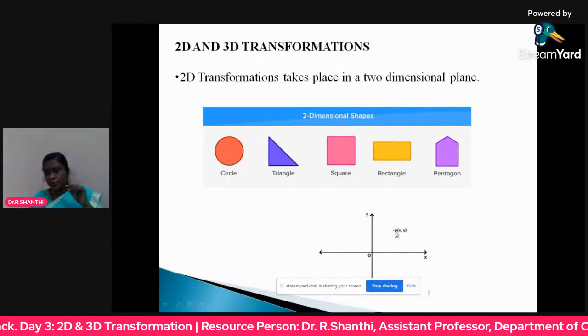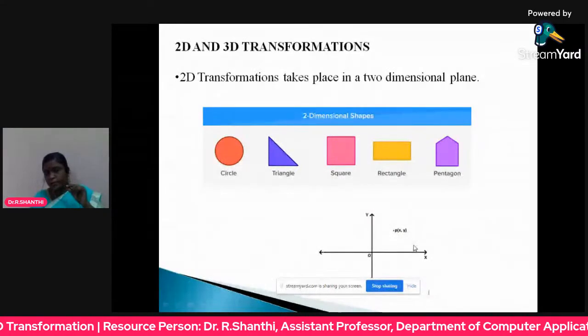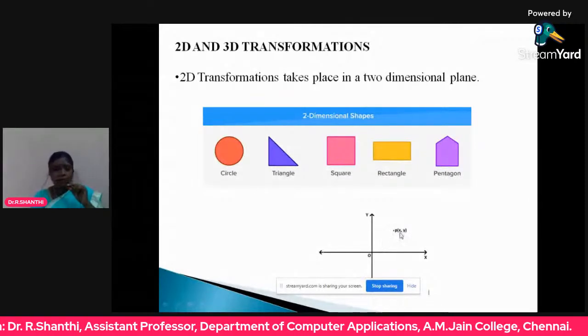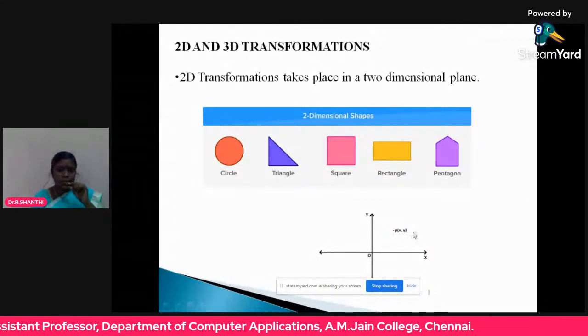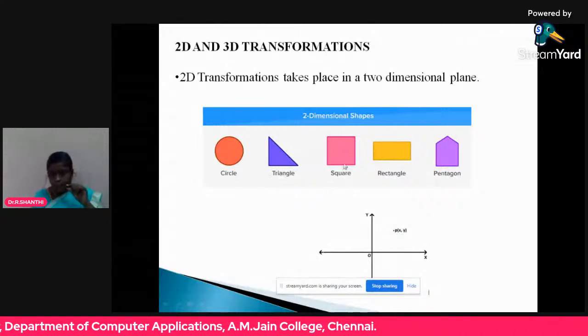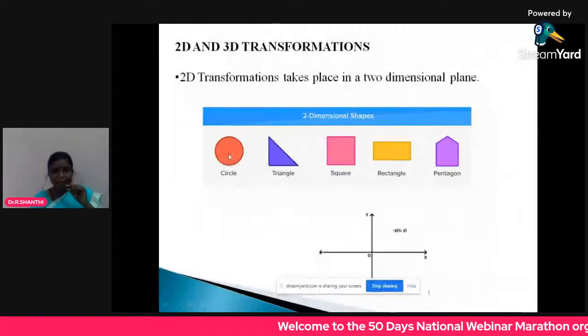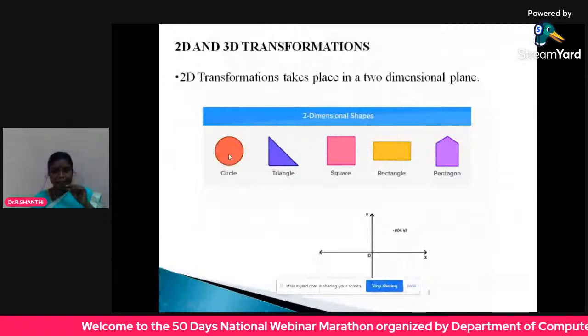What does this indicate? On this side you will have positive x and this y will also be positive, so that you have plotted the point as P of x comma y, right? These are the two-dimensional objects you will know, because each and every object has some length as well as breadth, so you have only two dimensions.